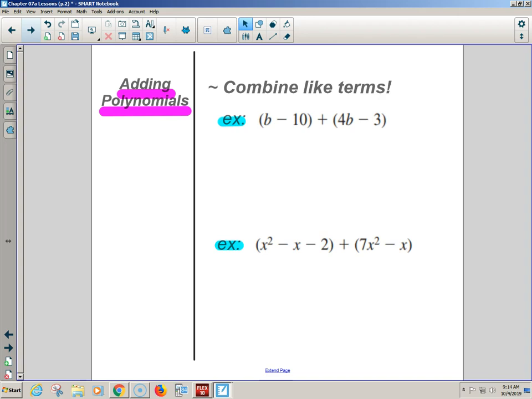Today is all about how you actually add and subtract polynomials. And the nice thing is, guys, it's as easy as combine like terms.